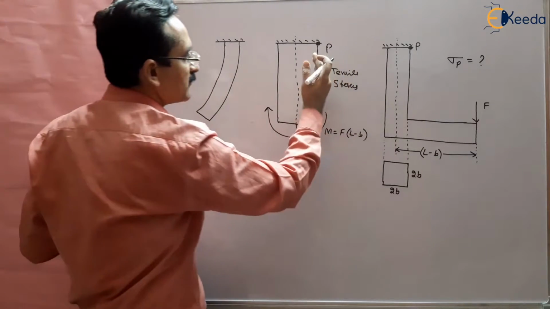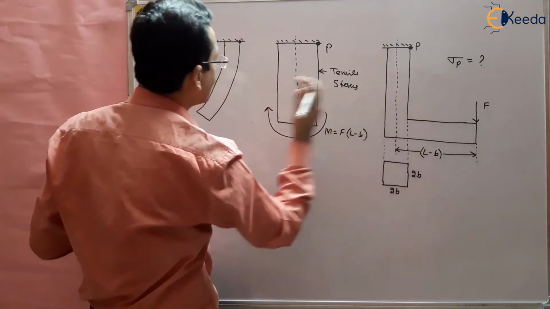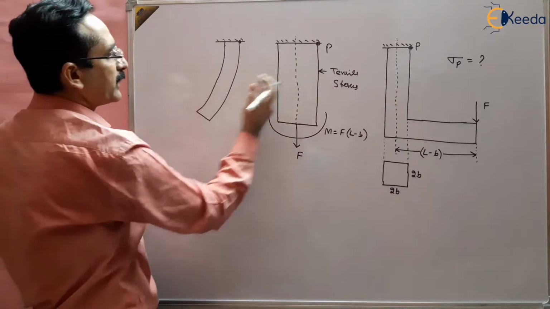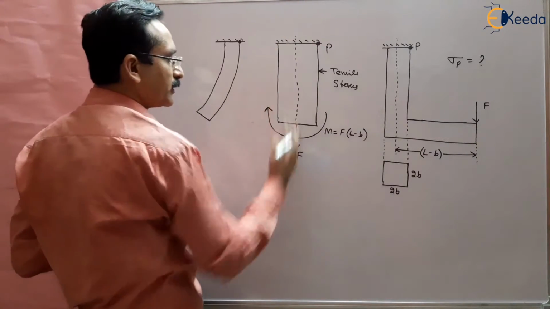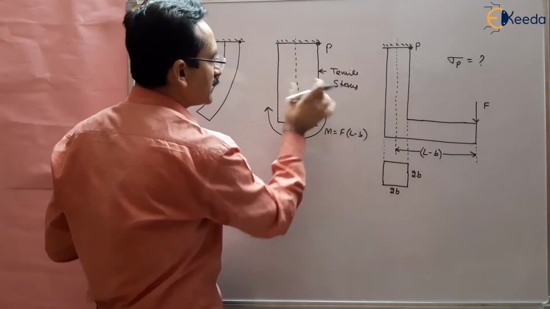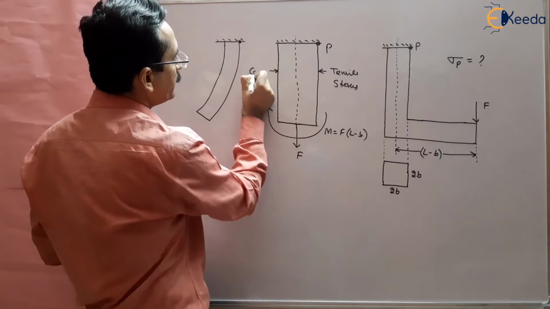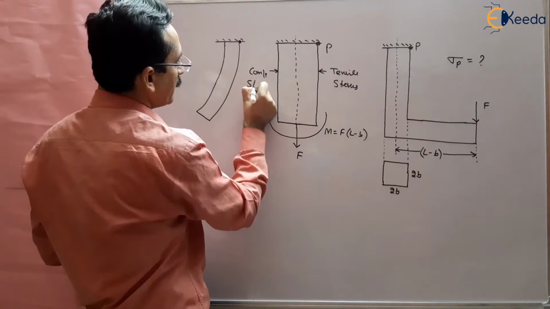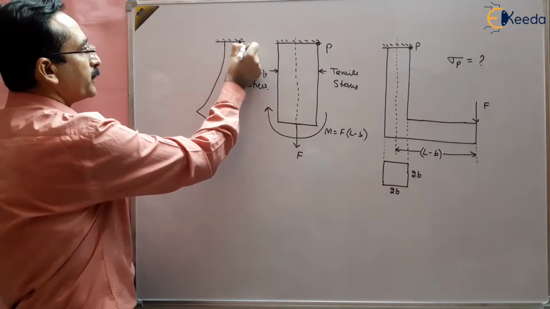So tensile stress will be developed in the right fiber, and compressive stress will be developed in the left fiber, about the neutral axis or neutral layer. On the right side there will be tensile stresses, on the left side there will be compressive stresses. And this is the point P, right?